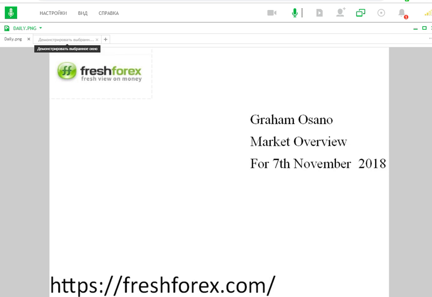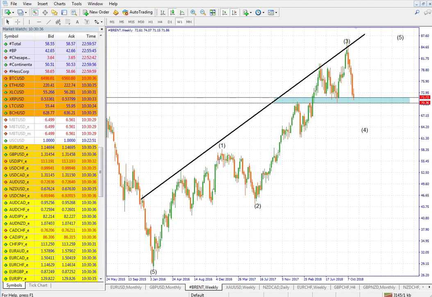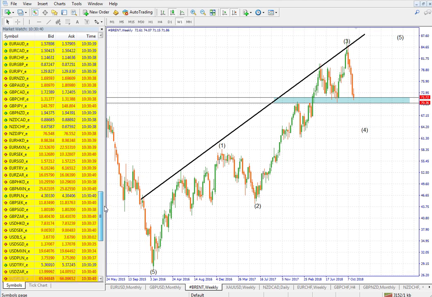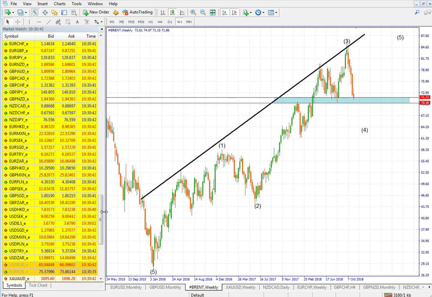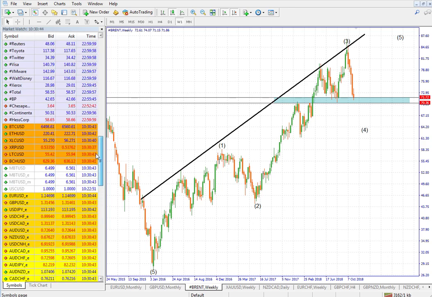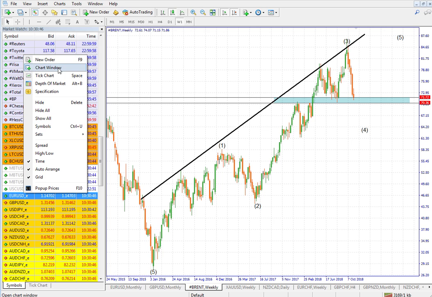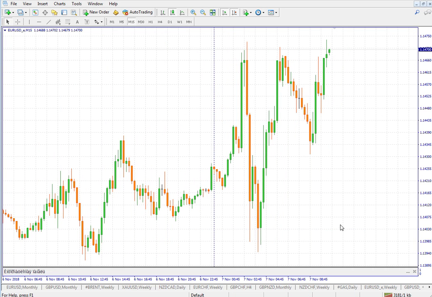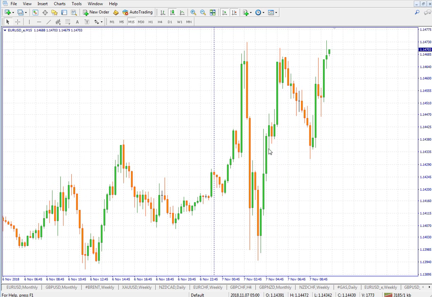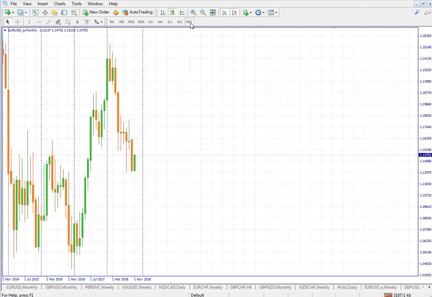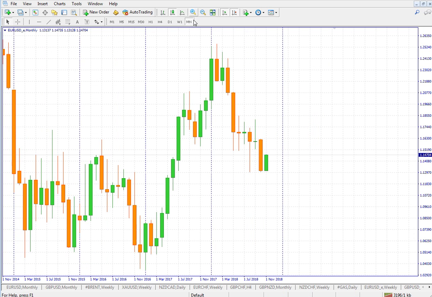Today we want to check the same items, and we start off with Euro USD. The pair is here already. We go straight to the monthly chart, and there's one thing you need to take care of.